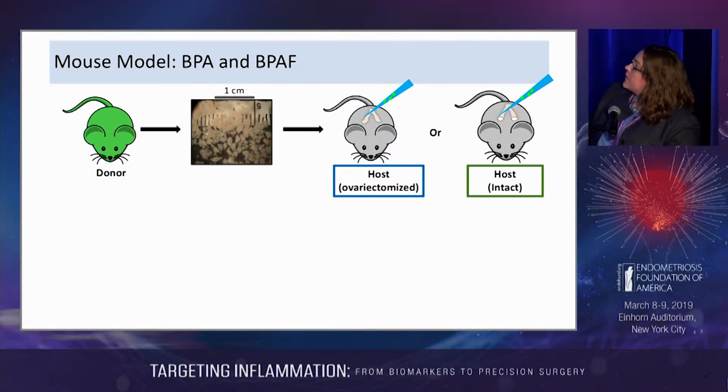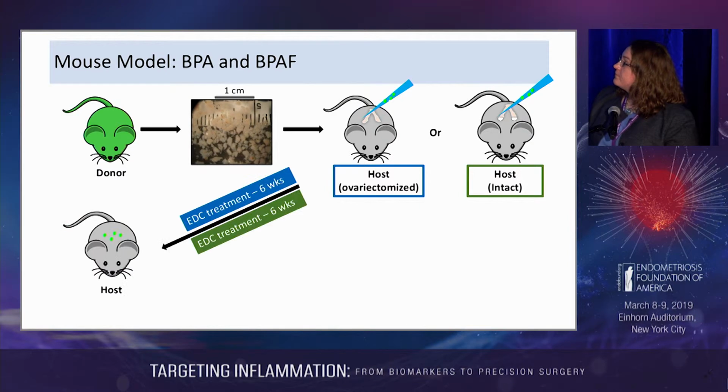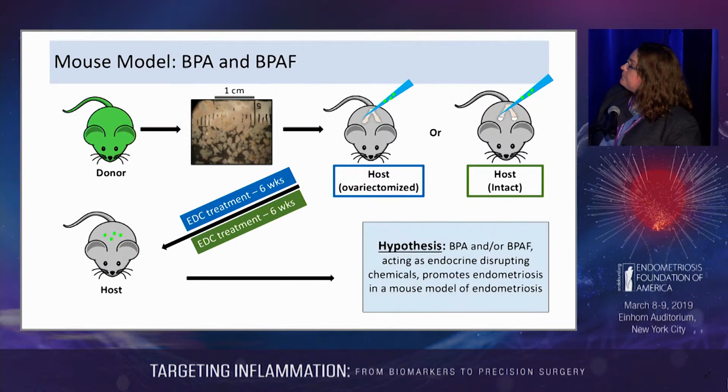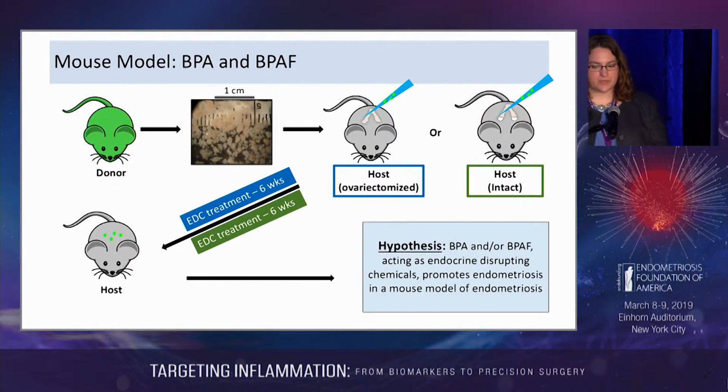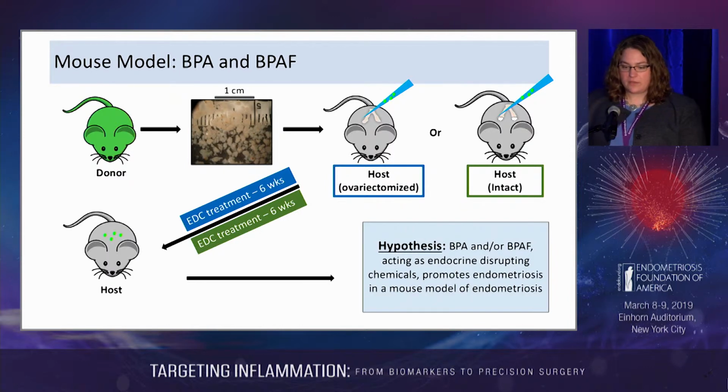We also use a mouse model with an intact reproductive system and a complete HPG axis. We then treat with the environmental endocrine disruptors for 6 weeks, and then what I say is we do a scavenger hunt to try to find where those lesions are in the mouse.